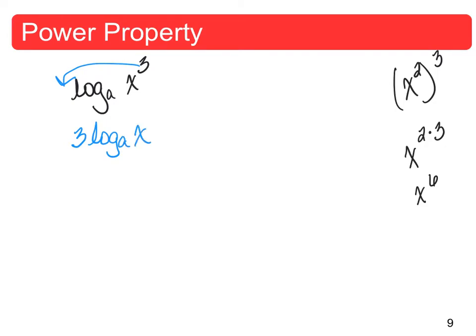What you're doing is multiplying 3 times the log base A of x. And again, when we're doing equations, which is what 3.4 is about, that comes in very, very handy.